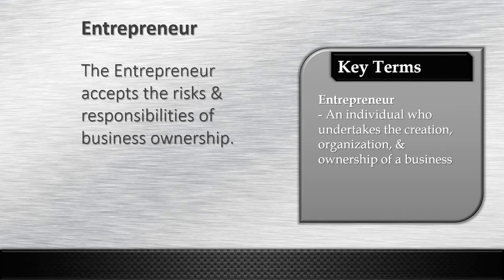The entrepreneur is the individual who spearheads the creation and the running of that business. So when we think about entrepreneurs, we think about the people who have started wonderful, glorious companies. People like Steve Jobs, who was a co-founder of Apple and really took that company to where it is today.